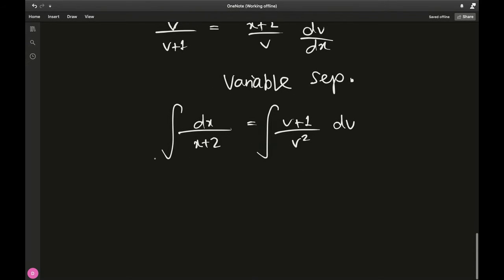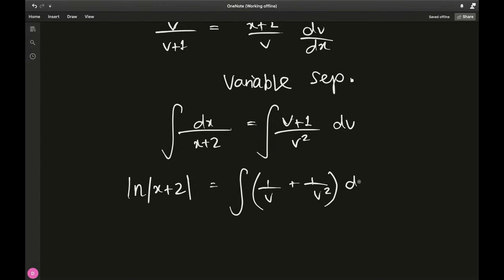Here we have to integrate with respect to x, so we have natural log of absolute value x plus 2 being actually equal to the integral of 1 over v plus 1 over v squared dv.